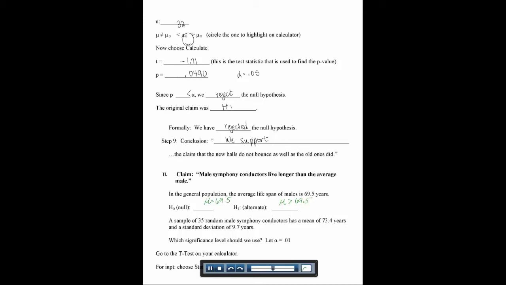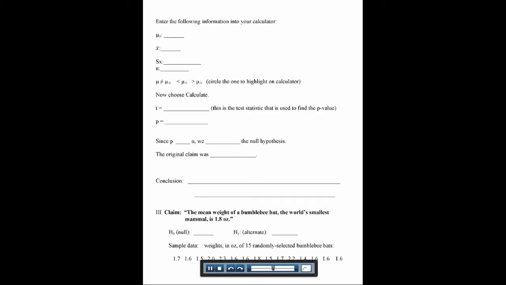So you're going to go to the t-test on your calculator, and for mu0 we're going to put in 69.5, and for x bar, the mean from our sample, we're going to put in 73.4, and our standard deviation from our sample is 9.7. And we surveyed 35, so our n is 35.